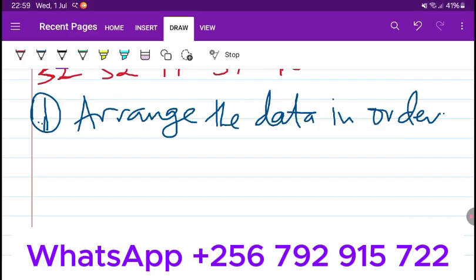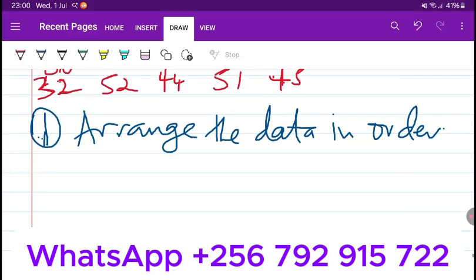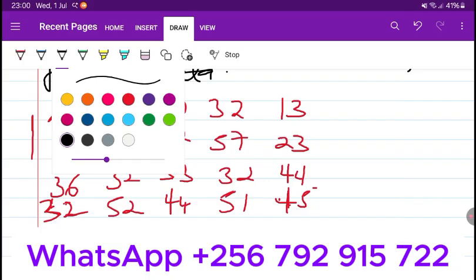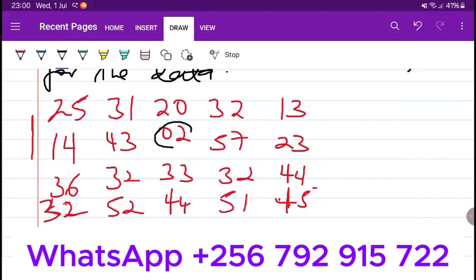Within the values, we can see that we have 0.2 as our smallest value. Then our biggest value, if you peruse through, you can see that we have a 57 here. So now we have seen where we are supposed to start from and where we are supposed to end.